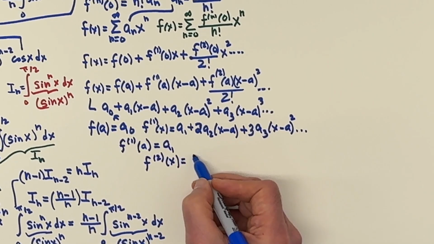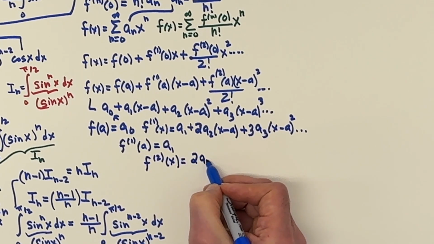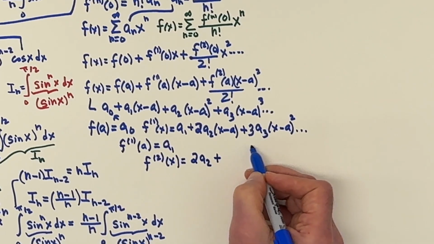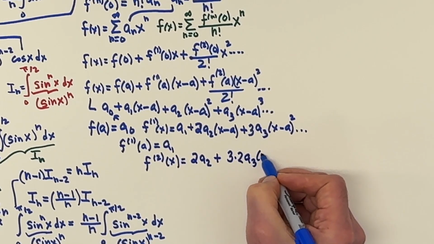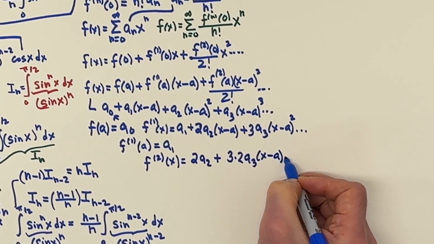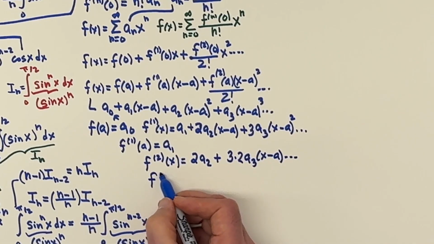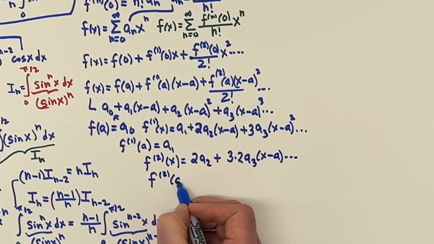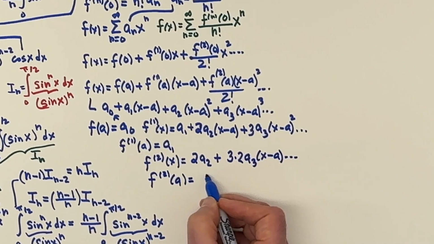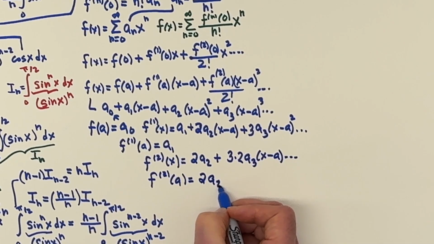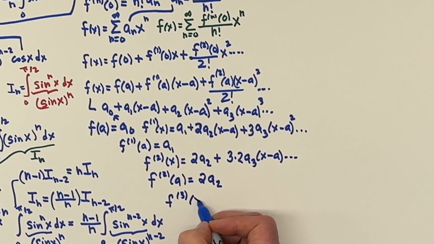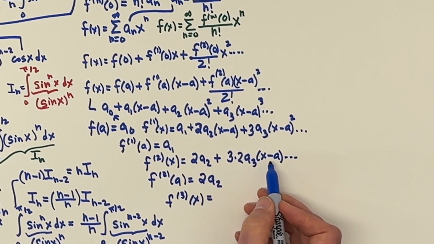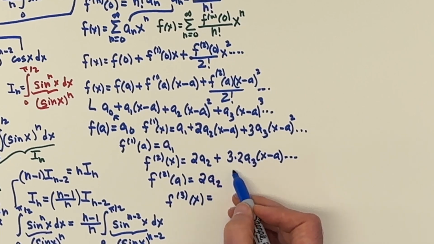And here you would simply pull off the 2a2, and then this would be 3 times 2, a3, x minus a, and more stuff. And then when you put in a for x, you would kill off everybody else and have 2a2. And then the third derivative would basically pull off this here.